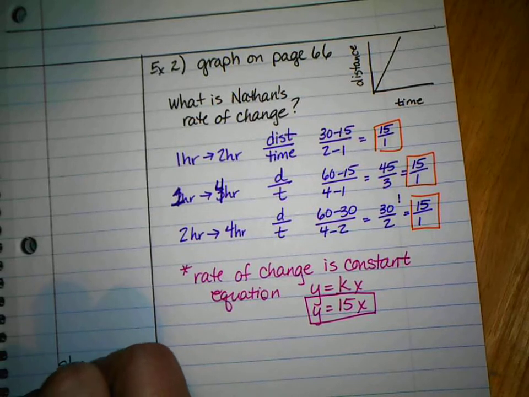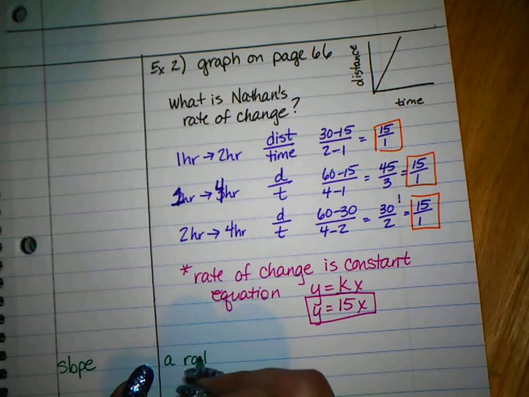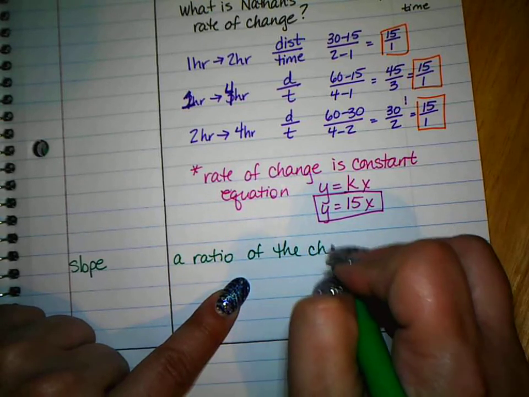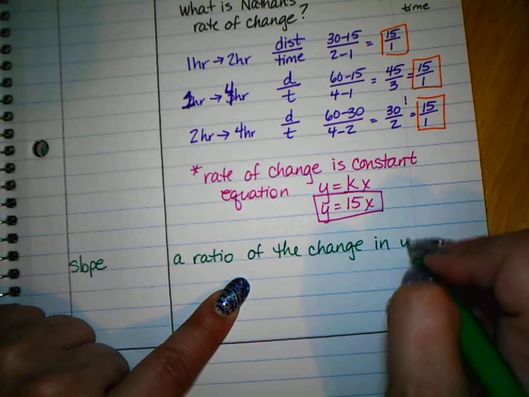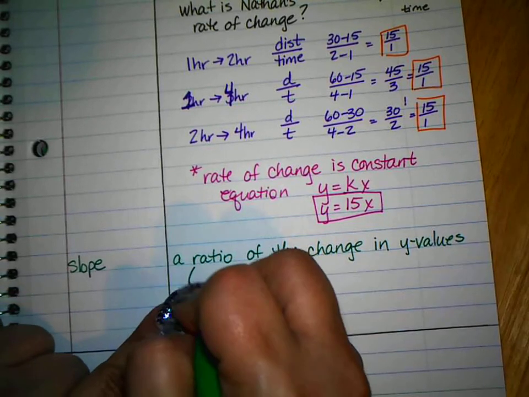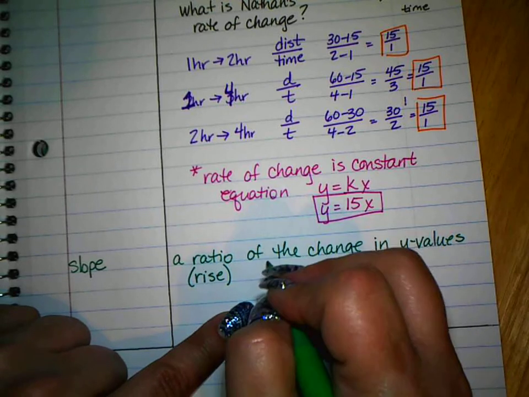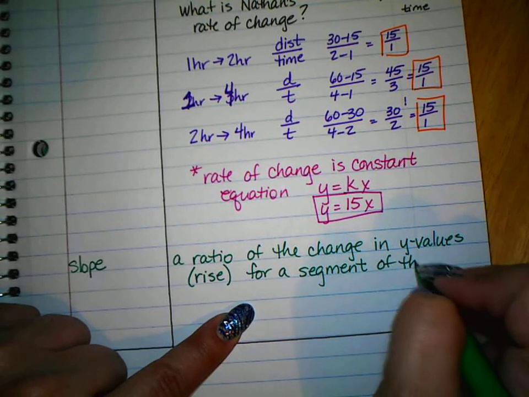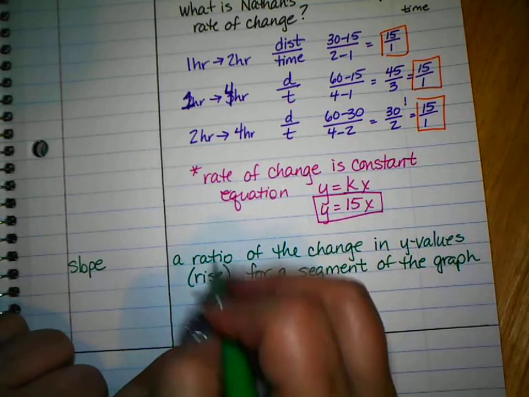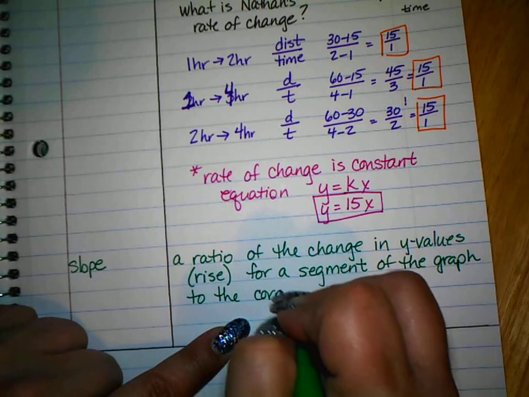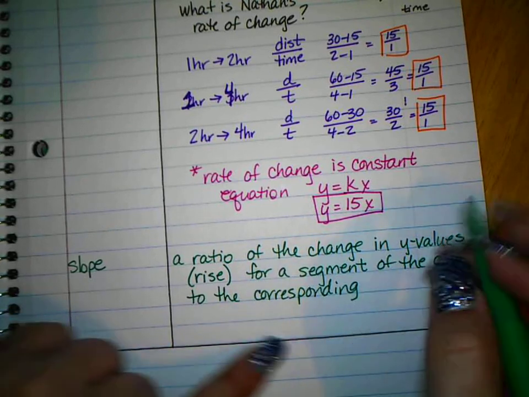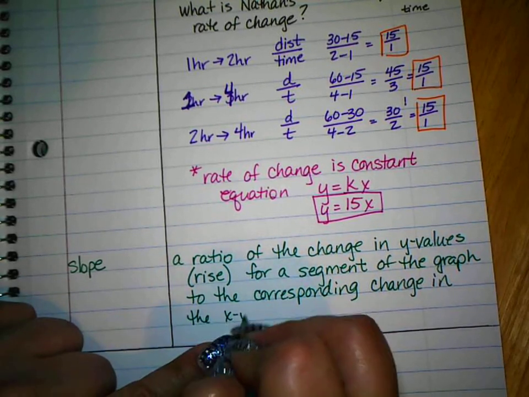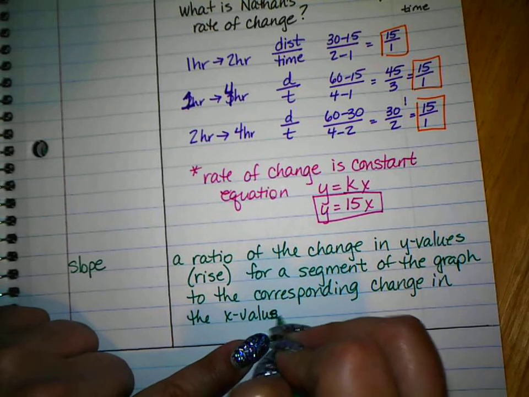So I have a definition for you. A ratio of the change in y values, we're going to call that the rise, for a segment of the graph to the corresponding change in the x values, or the run.